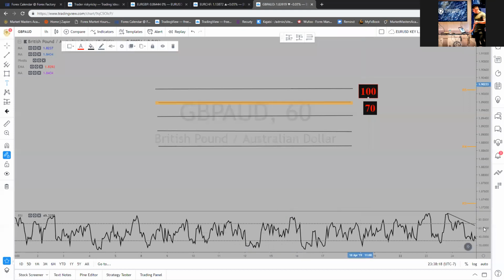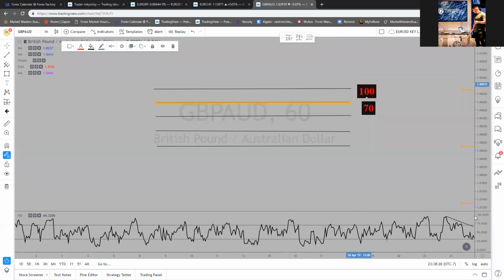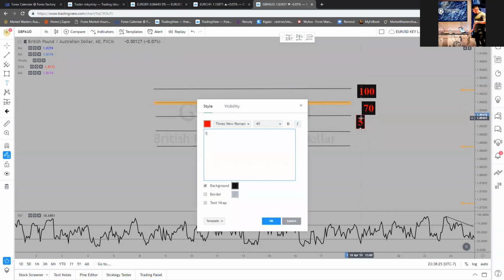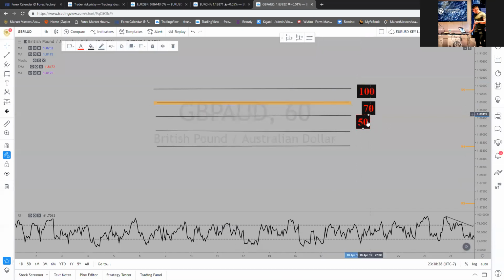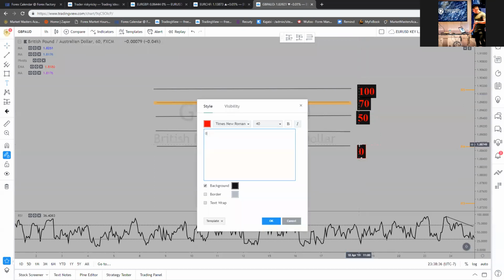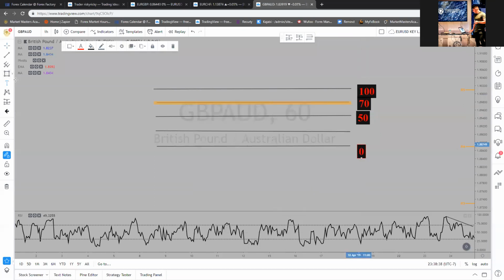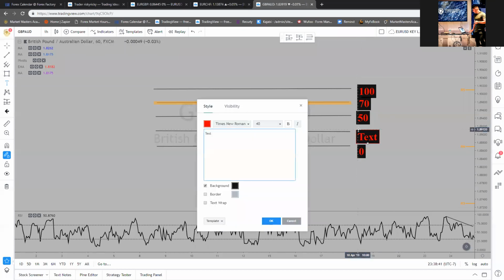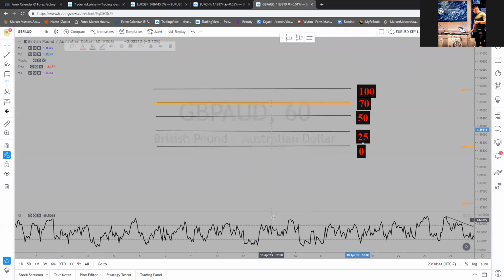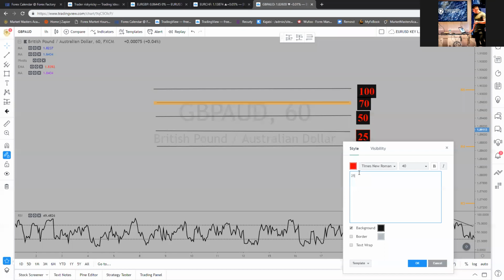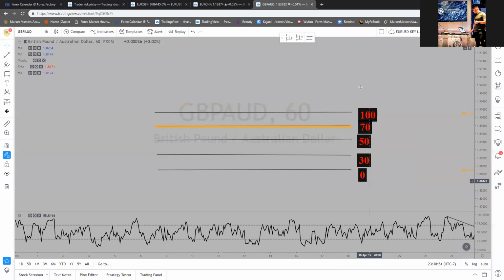If you guys can see on the RSI down here, that's a 70, that's 100 at the very top. Then we have that middle one, which is a 50, which is halfway between the 70 and this one down here. So the one at the very bottom is a 0. And then we have this one right here, which is a 30. So it goes from 0 to 100.